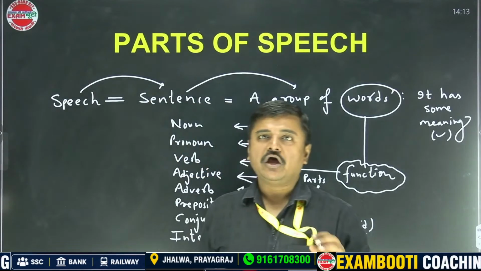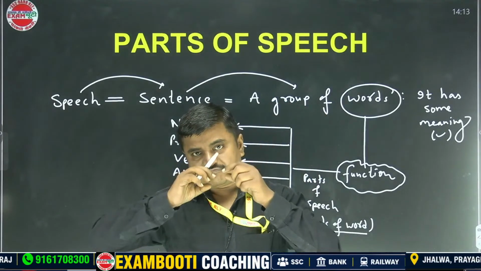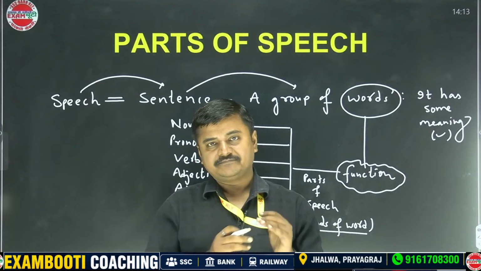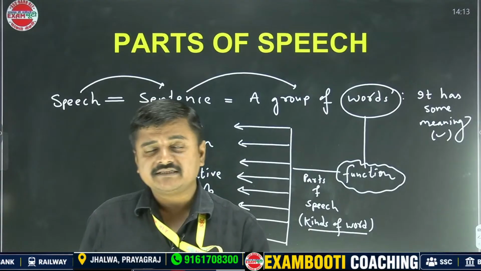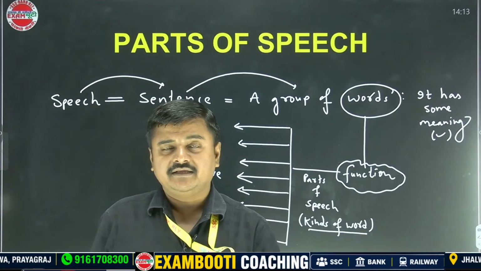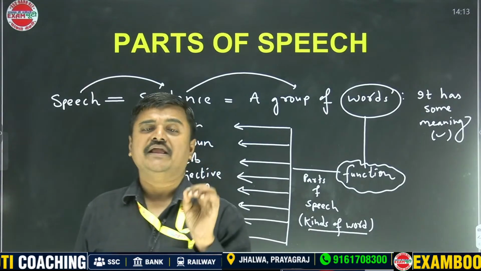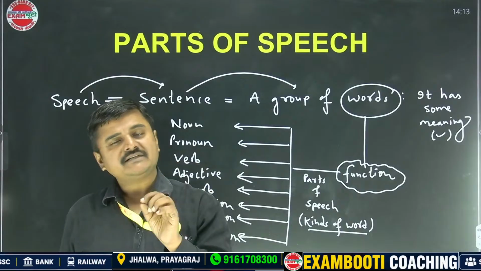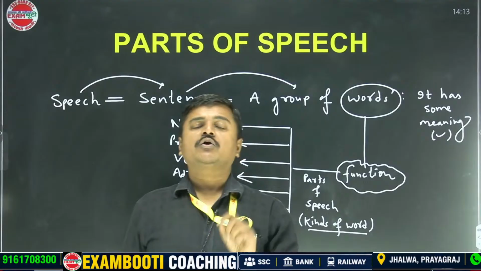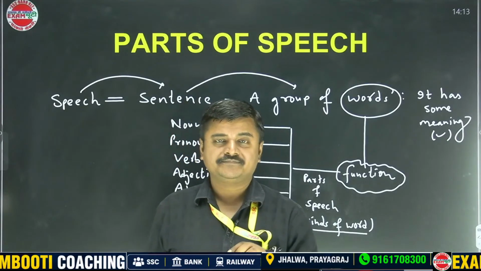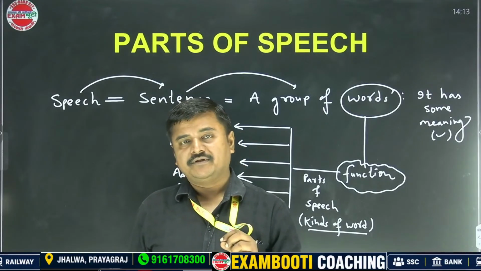So I believe now you have a very clear picture of the function of a word in a sentence, its importance, its meaning in a sentence, how it functions and how it behaves. Unless you know the parts of speech of a particular word in a sentence, you are not going to understand its meaning. That's why parts of speech is very important.